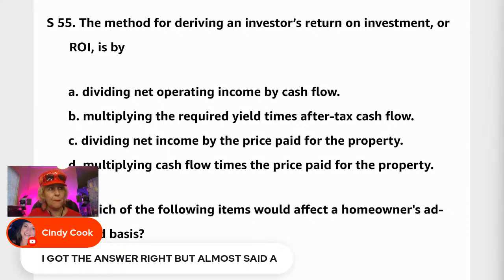The first one says dividing net operating income. It's normally gross income, gross operating income, and it's not by cash flow. Cash flow is almost like the net income, right? It's the money you got right now. It's the cash flow that's coming in right now. It's net income divided by the property value.